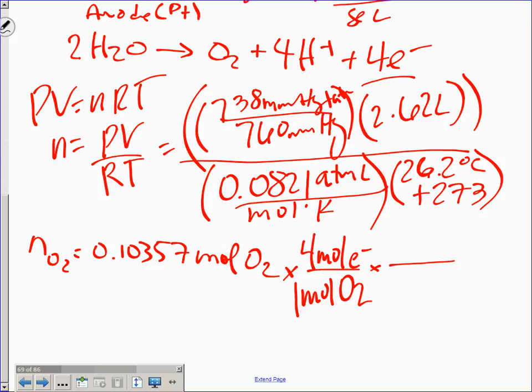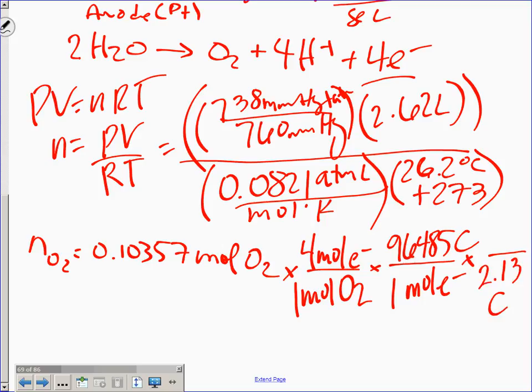We're going to do the Faraday's constant, 96,500 or 96,485 coulombs is related to 1 mole of electrons. I keep writing seconds for some reason. And then times, I think we said, 2.13 coulombs per second, and I could keep it at seconds.